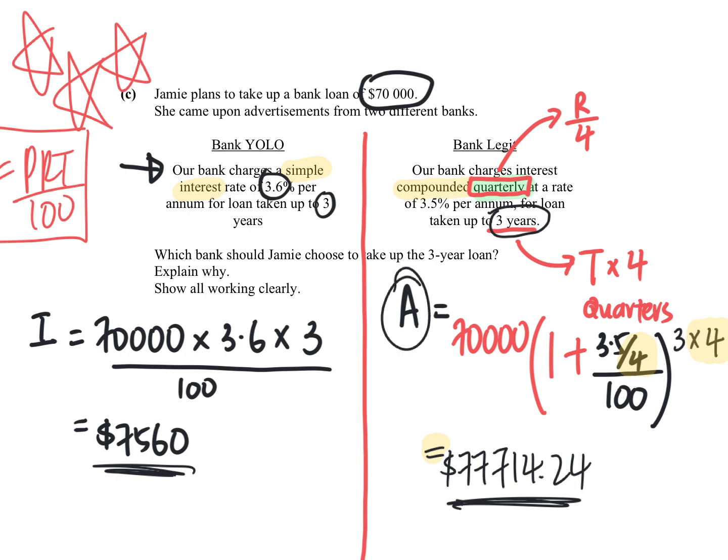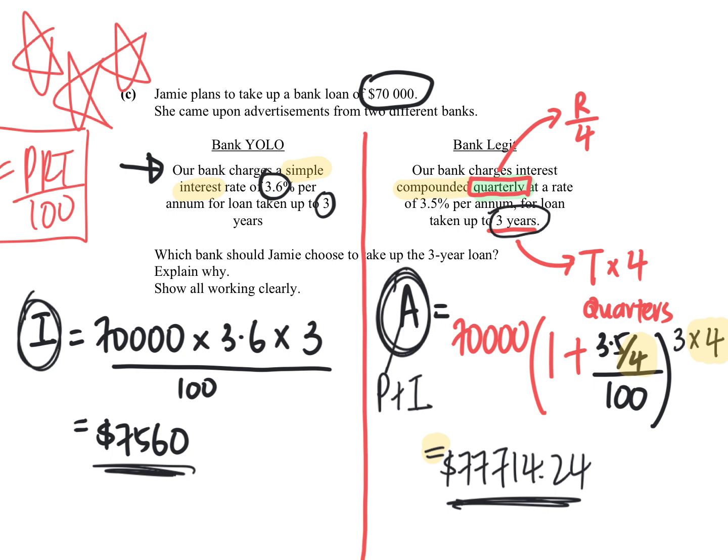This is the amount, means it's P plus I. This is interest only. You cannot just compare these two and say, oh, this bank is the correct one. No, you have to make sure you are comparing the same thing. So it's either you add P to this to find amount, then you compare them, or you minus P from this to find interest and you compare them.